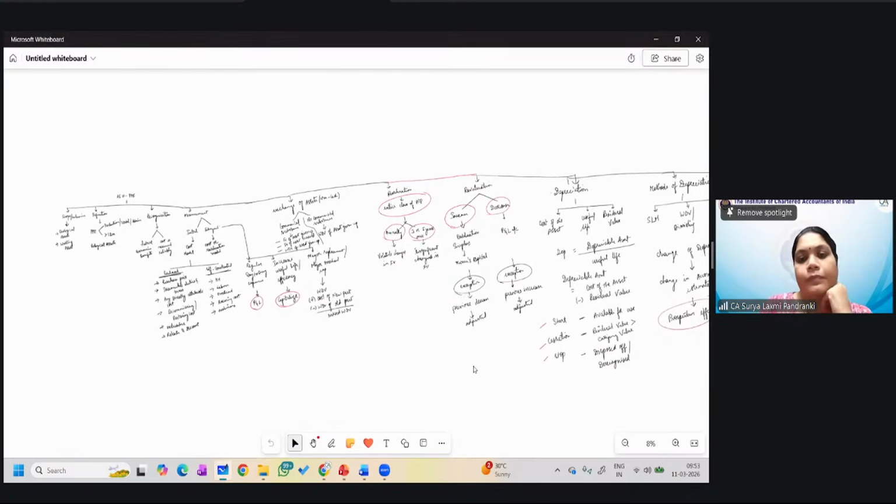Ma'am, that means in ex-interest, the interest will not be added while purchasing. Yes, because of the price that you paid. Suppose you paid 98 in that question. That 98 alone gives you a right to the entire interest. So you don't have to pay anything extra. The entire interest will be received by you whenever interest is paid.